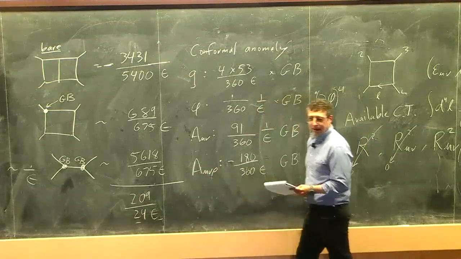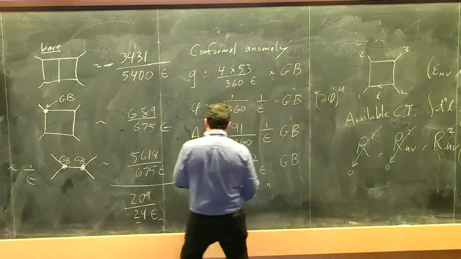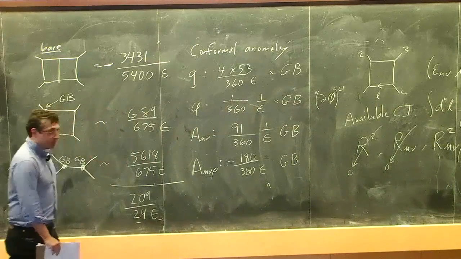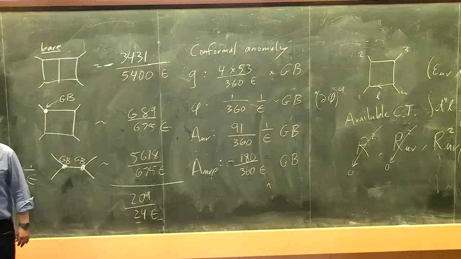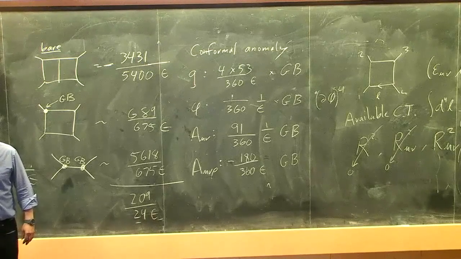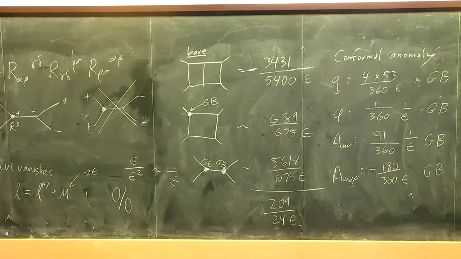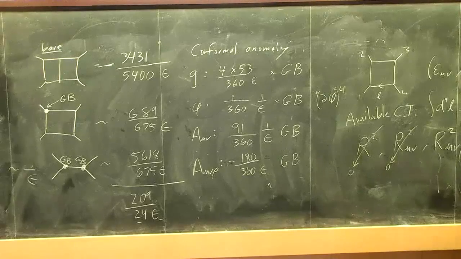You get an epsilon upstairs as well. Yeah, that's right. That's really the confusion, because there is a divergence and then there's an epsilon upstairs, and it's a little confusing why there's a 1 over epsilon. The epsilon upstairs is not actually upstairs. Yes, we got very confused by this.